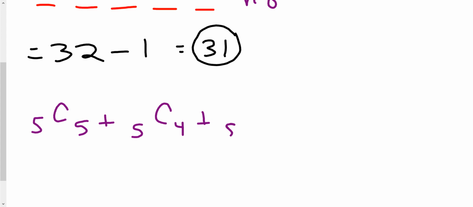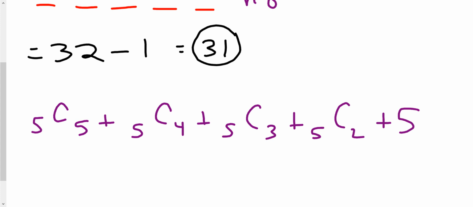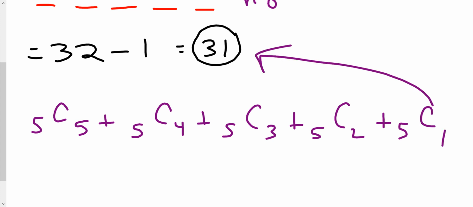Plus 5 choose 3. Plus 5 choose 2. Plus 5, that was a big 5, sorry. 5 choose 1, and you will get the same thing, 31.